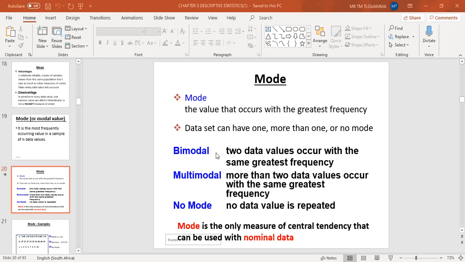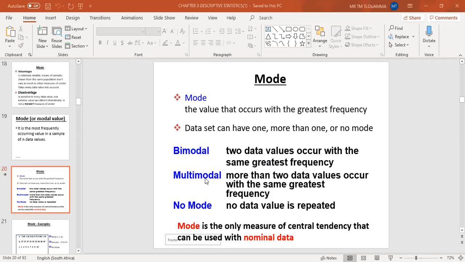They can ask you what type of mode it is. They are called bimodal since they are two. Bi means two: two data values occur with the same greatest frequency. So 3 and 7 will be our bimodal.